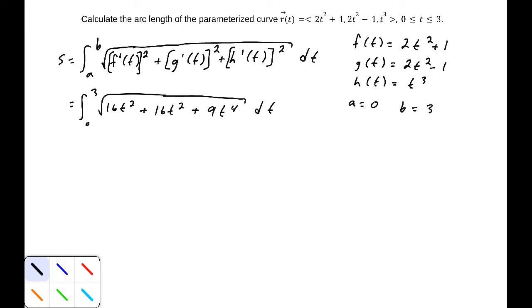So combining like terms, our integral is from 0 to 3 of the square root of the quantity 32t squared plus 9t to the fourth, dt.